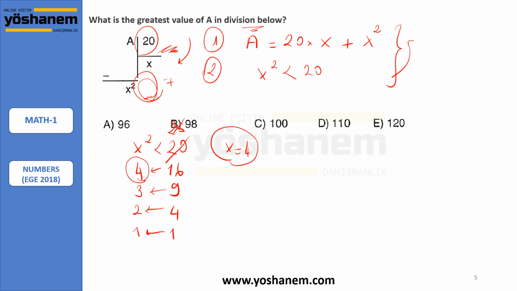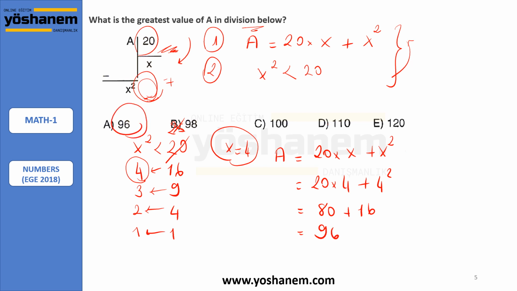Let's go ahead and put it in the first rule. Okay, a equals 20 times x plus x squared. So 20 times 4 plus 4 squared. 20 times 4 is 80, and 4 squared is 16, and the sum is 96. Okay, my answer is A, 96.